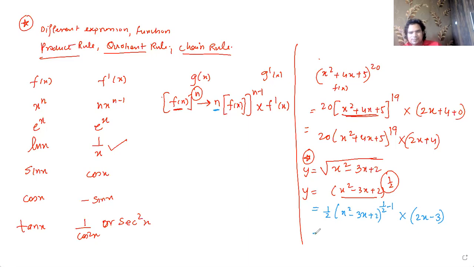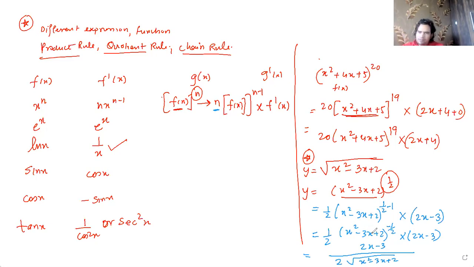You can simplify this to 1 over 2 times x squared minus 3x plus 2 to the power negative half, times 2x minus 3. Further simplified, it can be written as 2x minus 3 divided by 2 times the root of x squared minus 3x plus 2. The reason is that the negative power comes down and becomes power half, and power half is nothing but the square root. So this is the derivative of this particular function.